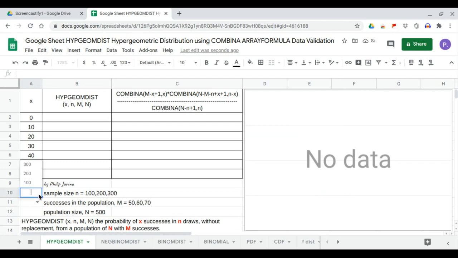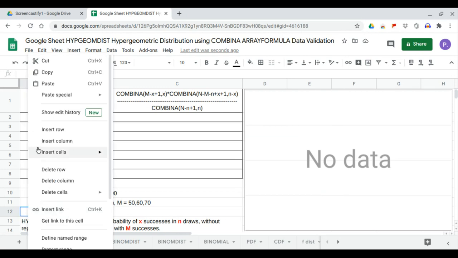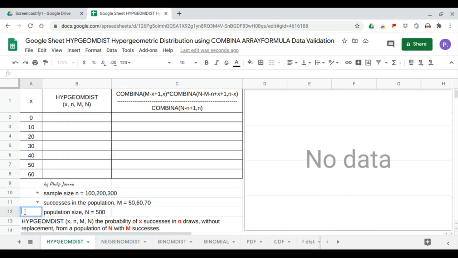So for the sample size you have three choices, and the successes also three choices. Our population will be 500. That's our population.